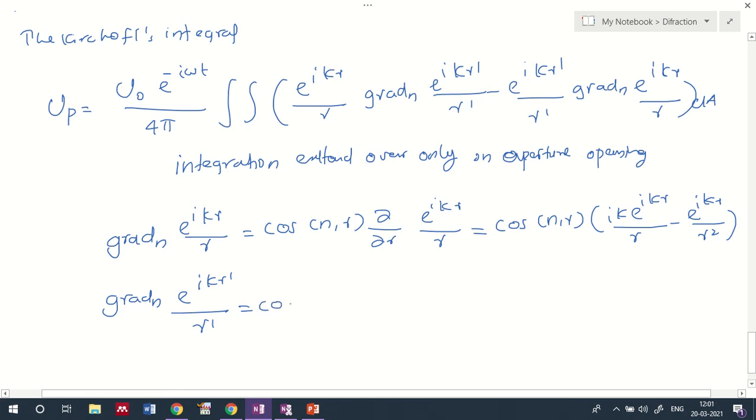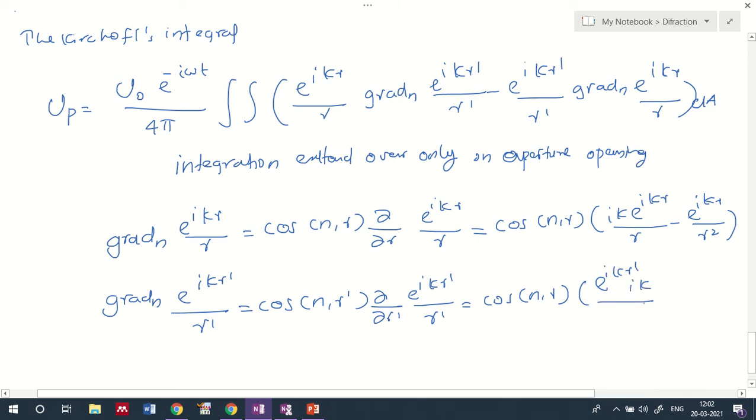So we'll have the form cos n r dash, dou by dou r dash of e raised to ikr dash divided by r dash, which is equal to cos n r dash times e raised to ikr dash, ik over r dash minus e raised to ikr dash divided by r dash square.